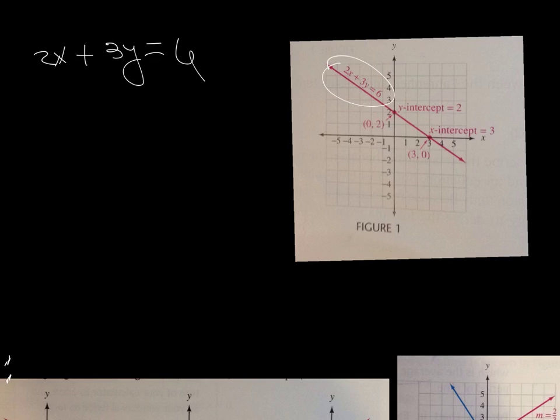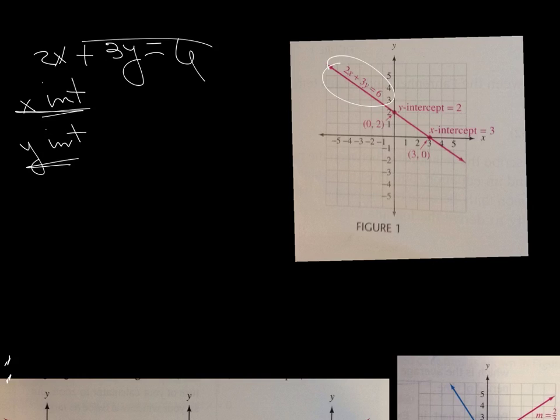Alright, so when that's given to you that way, and you're trying to find the x-intercept and the y-intercept, what you're going to do is, in order to find the x-intercept, you're going to get rid of the y, so that all you have is an x value. And when you're looking for the y-intercept, you're getting rid of the x value, so that all you have is a y.